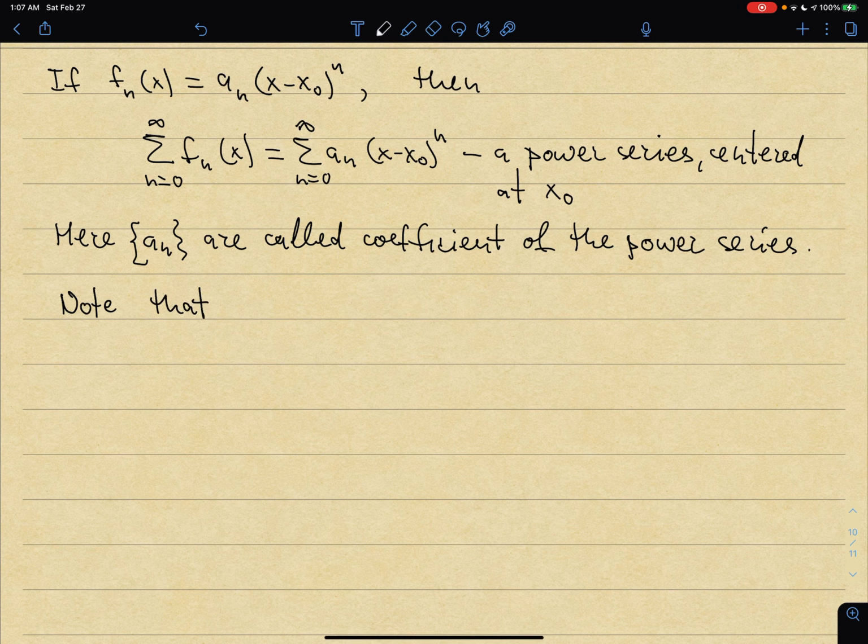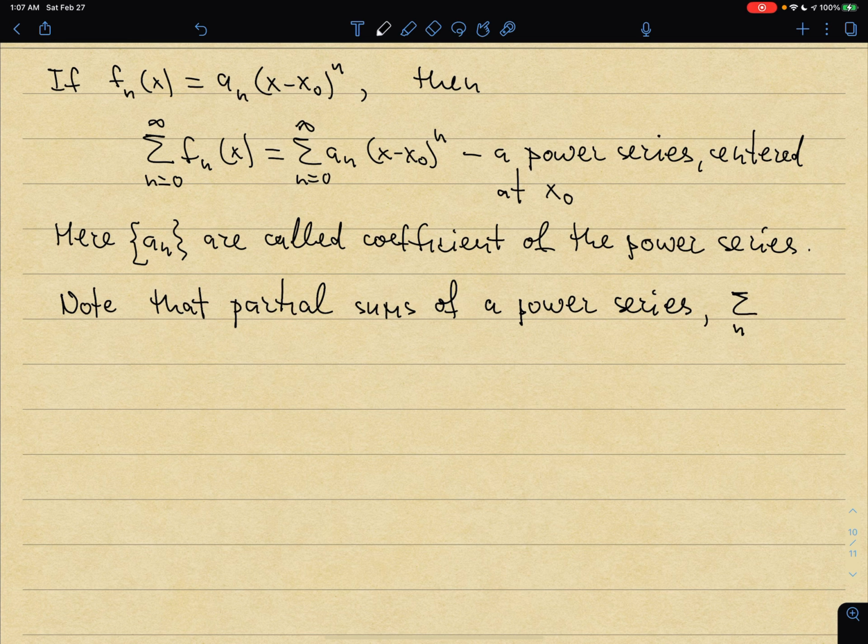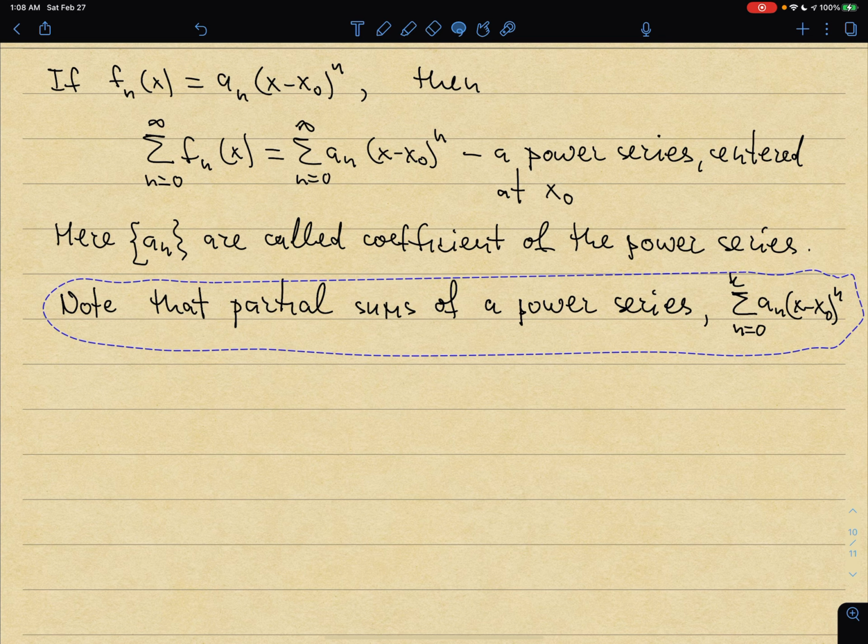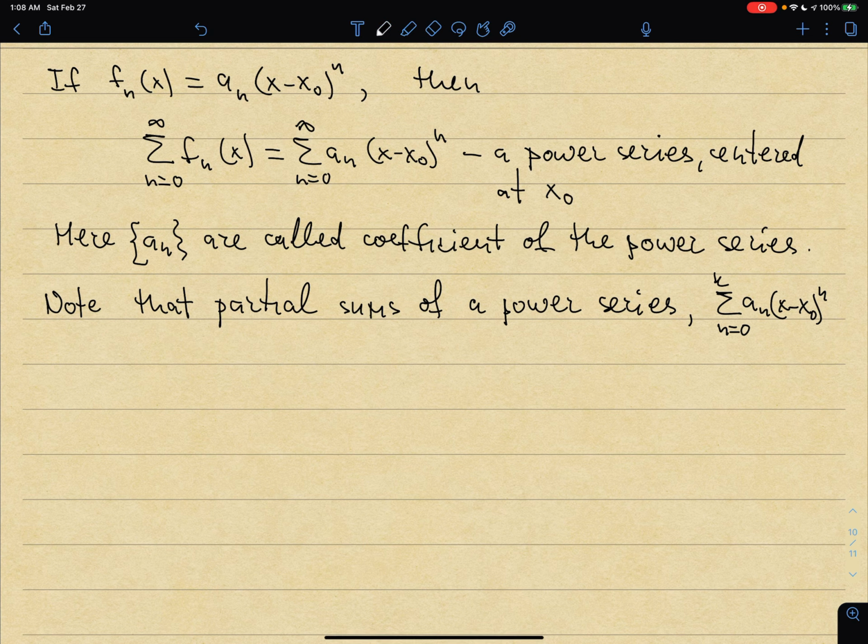Note that partial sums of a power series, that are, of course, equal to the sum from n equals 0 to k of a_n times (x minus x0) to the power n, they're all polynomials in x, right?